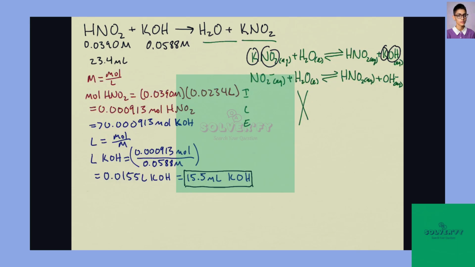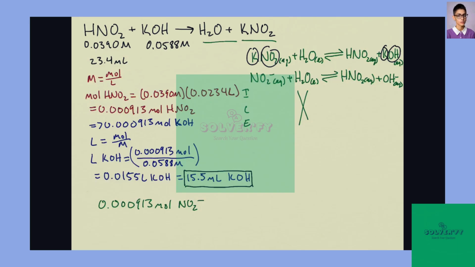So we know we have 0.000913 moles of NO2 minus at the equivalence point. Now in terms of volume, we started with 23.4 milliliters of HNO2, and we added 15.5 milliliters of KOH.